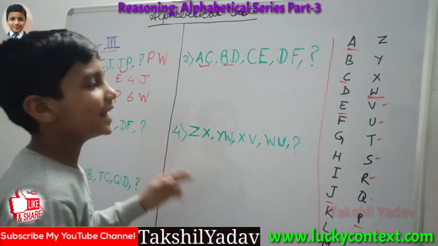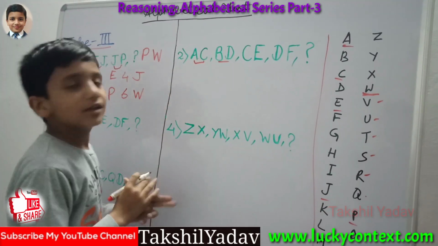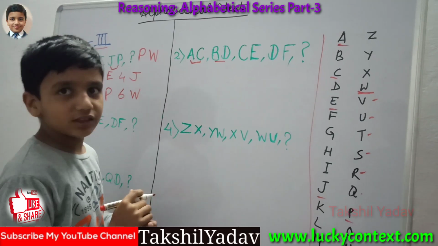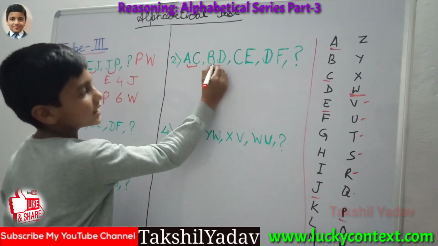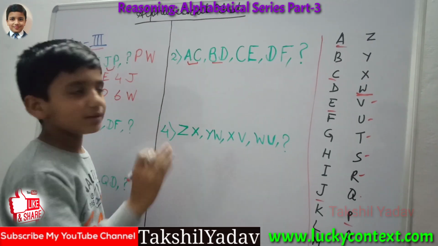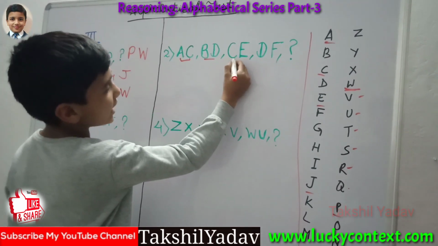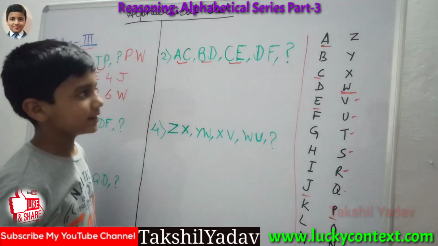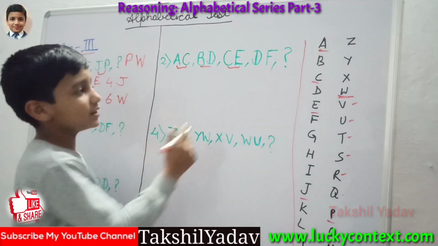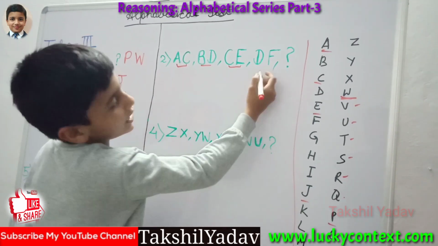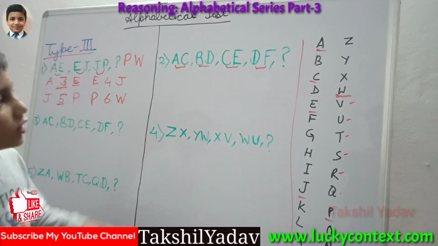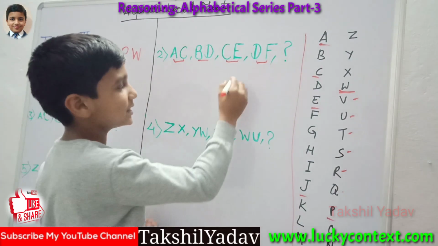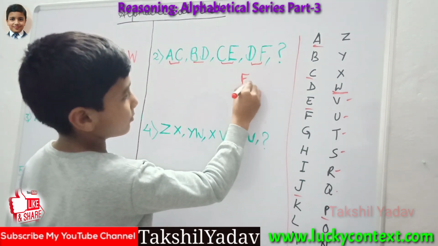B is the letter between the first 2 letters of the first pair. So here in BD, the letter in between them is C. Then I leave 1 letter and take E, CE. Then the letter between them is D and I leave 1 letter and the pair becomes DF. Now the letter in between D and F is E.